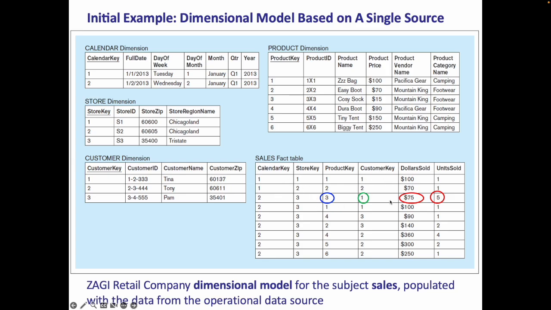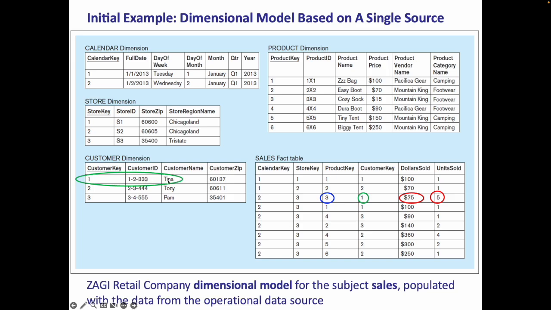For example, you can see the dollars sold and units sold per customer and product. For instance, this product ID 3. Let me go one level back. Here we have customer key 1, which is the primary key in the customer table and gives you customer information, which is, for example, Tina.